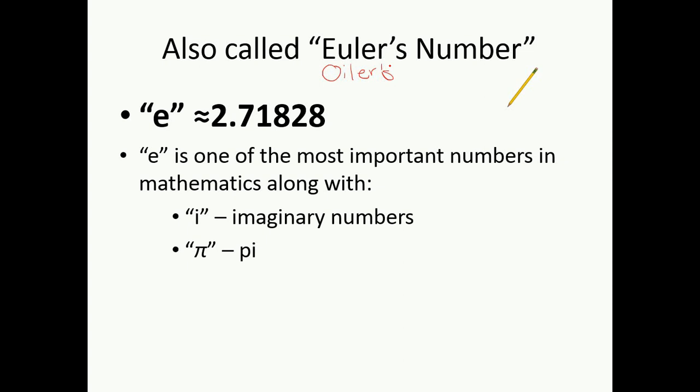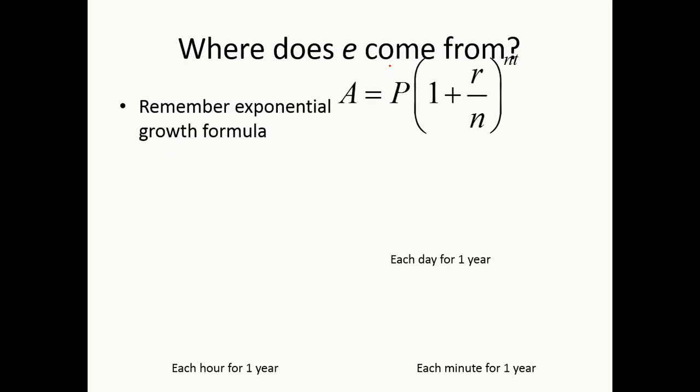Now, you're probably saying, well, where'd this Euler dude get this number? Well, here's what he found out. That exponential growth formula that we looked at, the compound interest formula, well, what Euler started to do was look at, what if we compound for each month? What if we compound for each day, each hour? What about each minute?